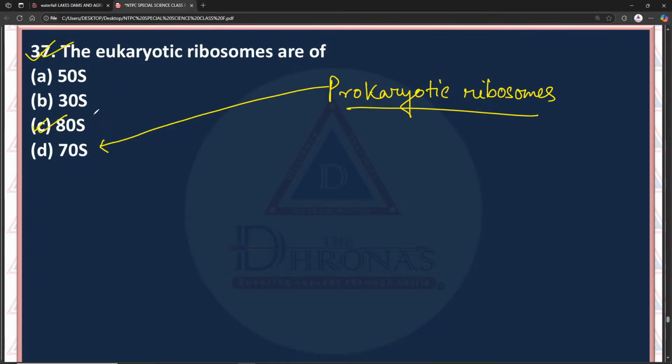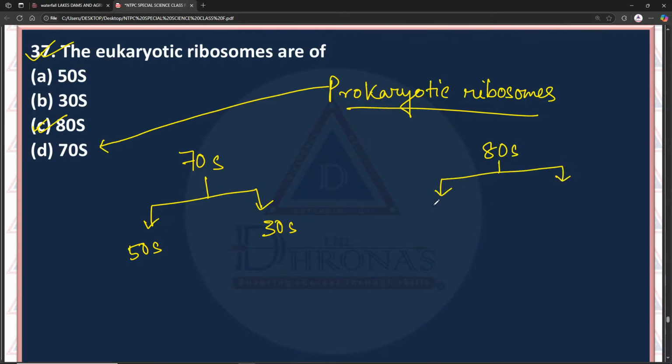So your answer is 80S. 70S को divide करेंगे तो दो subunits आएगा. One is large, another one is small. One is 50S, another one is 30S. In case of 80S divided into two, 60S and 40S. Subunits से भी question आता है.